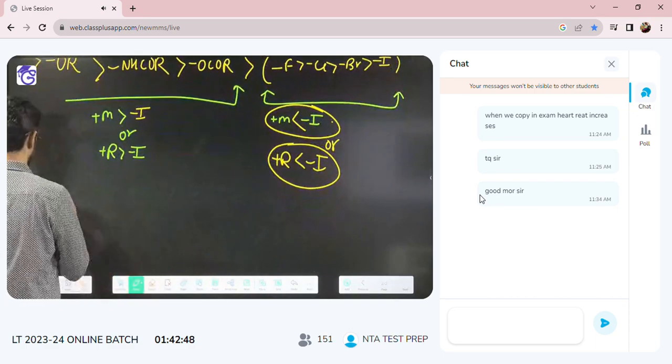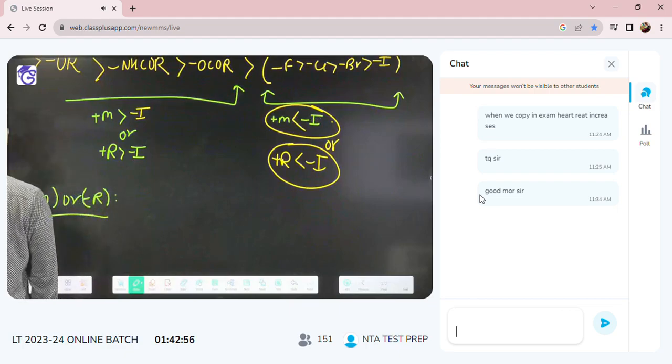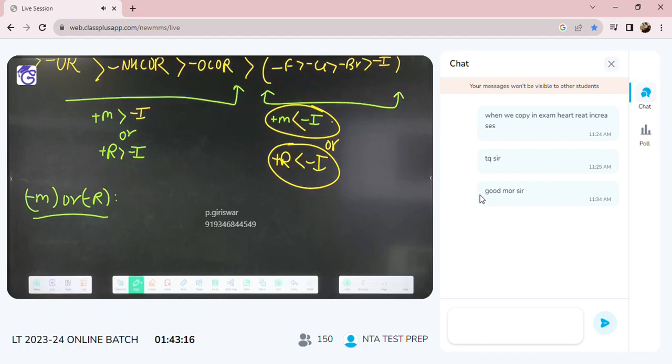Then the other is minus M or minus R order. Minus M or minus R order.